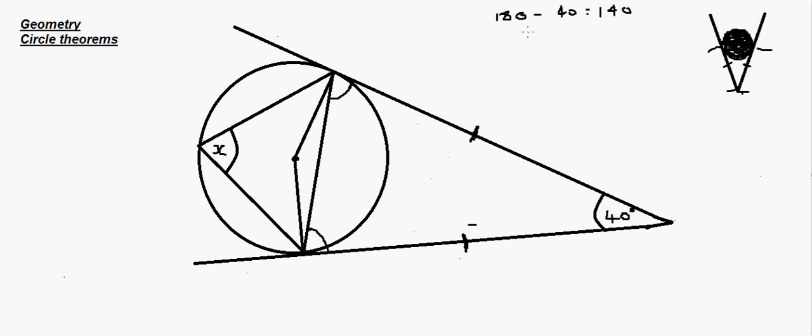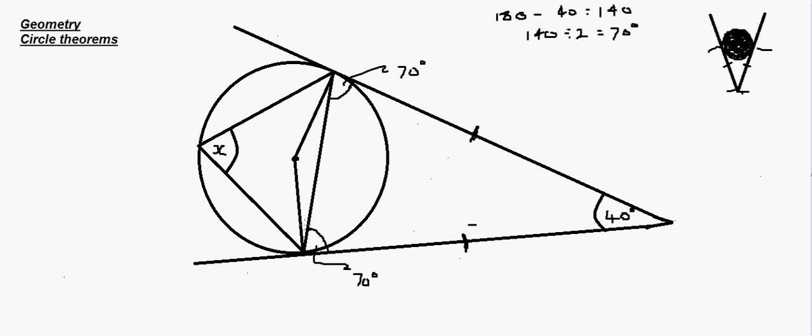Now 140 divided by 2, because those are our two angles, would give me 70 degrees. So I can say that that angle is 70 degrees and this angle is 70 degrees. Okay, so we're building up to what we need to know.